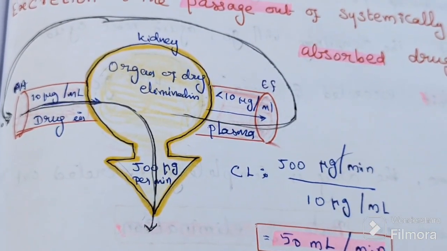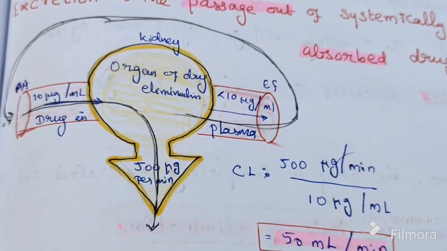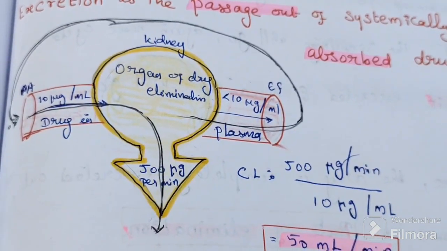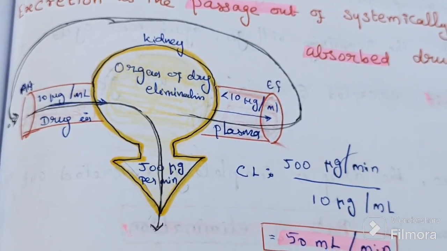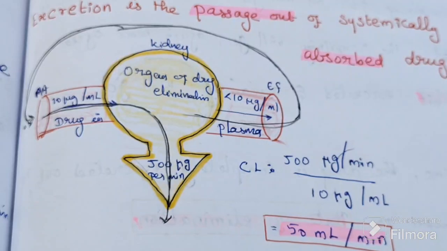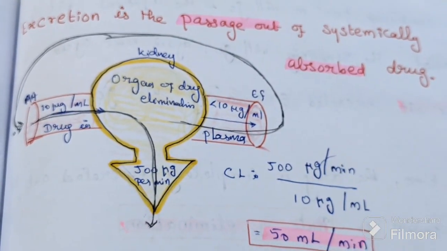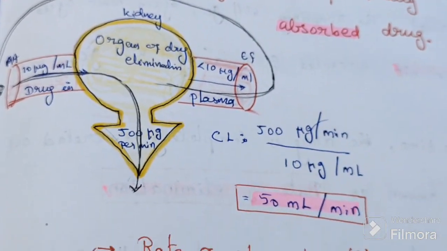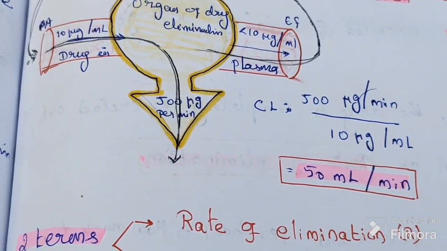So this is clearance: the volume of plasma which gets cleared per minute or unit time. The formula is R upon PC, rate of elimination upon plasma concentration.